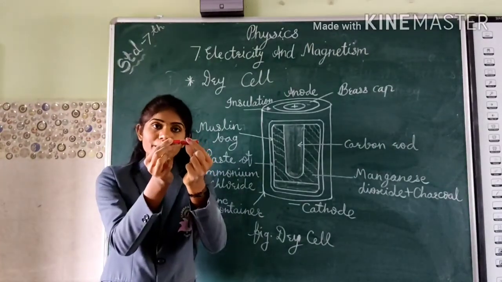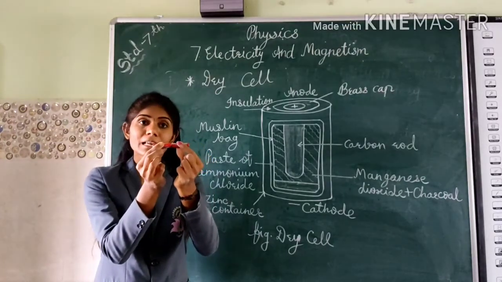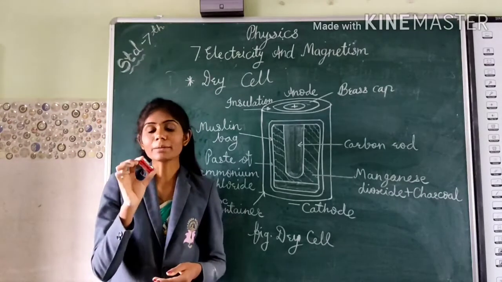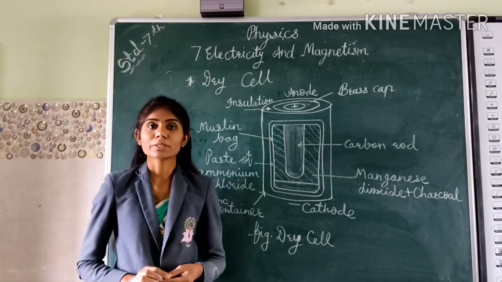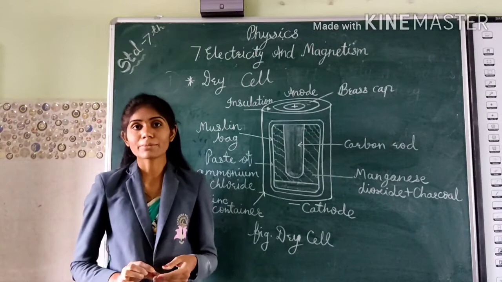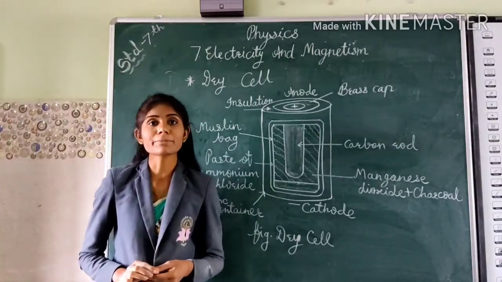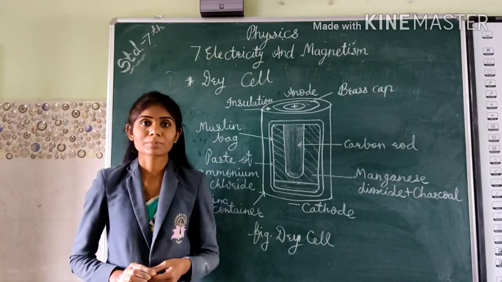In such an arrangement, we insert the cells inside the torch. In this way, the torch completely depends upon the dry cell. There are many such devices which work on dry cells, and without them such devices are useless.